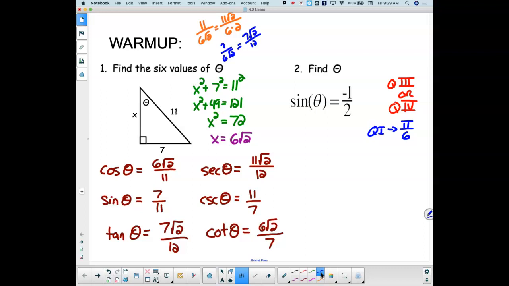In quadrant 3, it's 7 pi over 6. And in quadrant 4, it's 11 pi over 6.